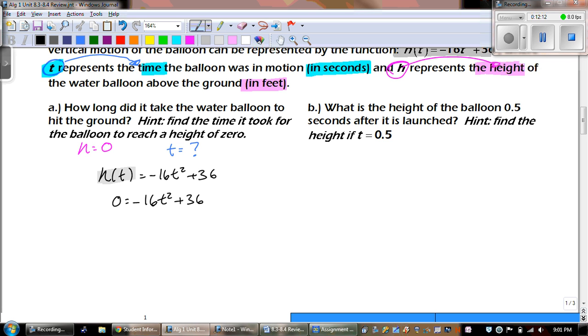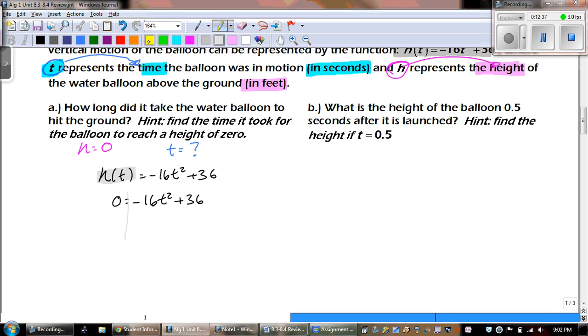Now, how are we going to solve it? We can solve it one of two ways: by factoring, or by inverses. Which one do you want to do first? Remember that solving by inverses is faster, so let's do that.